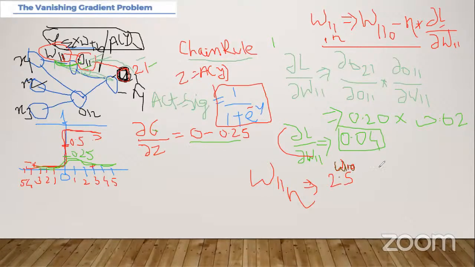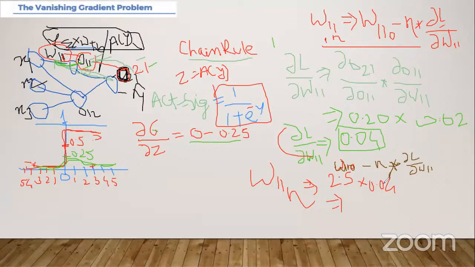which is 2.5. And now minus eta into the loss derivative dL by dW1, which I have calculated, which is coming to 0.04. If I multiply this again in order to calculate, so what will happen?